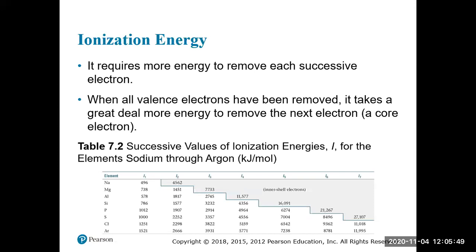We talked about this when we were discussing the electron configurations: if you're talking reaction chemistry, ionization type processes, any of this stuff, you're usually talking about interactions with the valence electrons. That's kind of where all the action is. And so it's no different here where we're talking about ionization energies. It's much easier to ionize things if you're dealing with valence electrons than it is if you're trying to remove a core or an inner shell electron.